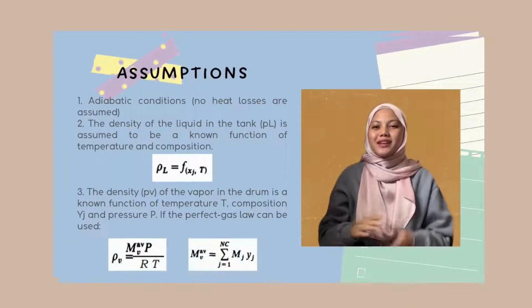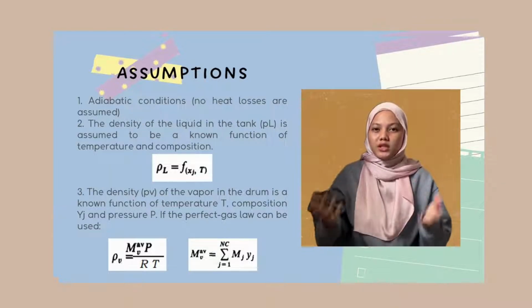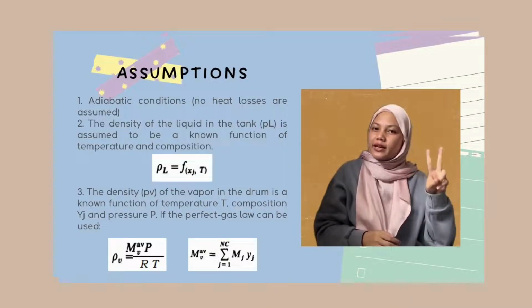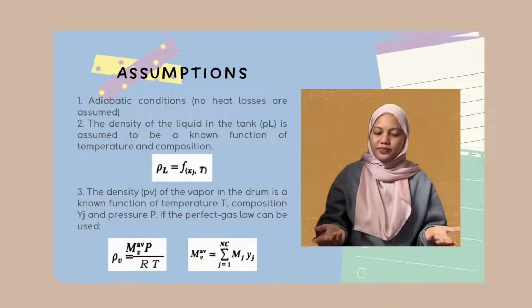Do you know there are several assumptions that can be made for a flash drum? First, adiabatic condition, where no heat losses are assumed. Second, the density of the liquid in the tank is assumed to be a known function of temperature and composition.